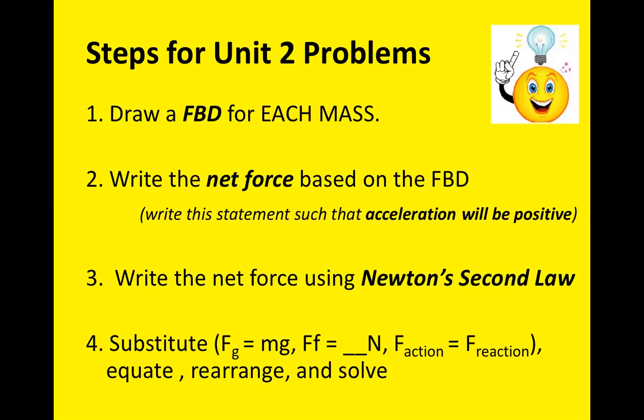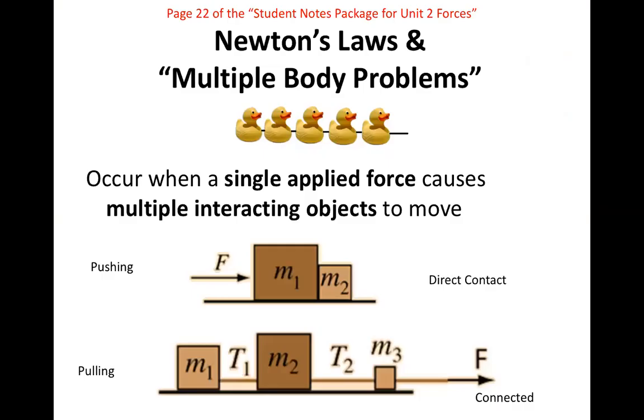You're going to pick which net force statements are the most useful and write them using Newton's second law, and then make any substitutions necessary to try and connect what is given with what is required. So for example, you might have to substitute Fg equals mg. You might have to substitute a Newton's value for friction, or coming up soon, we're going to have an equation for friction. You might have to sub in Newton's third law that F action equals F reaction. And we might use a substitution step to solve for the required information.